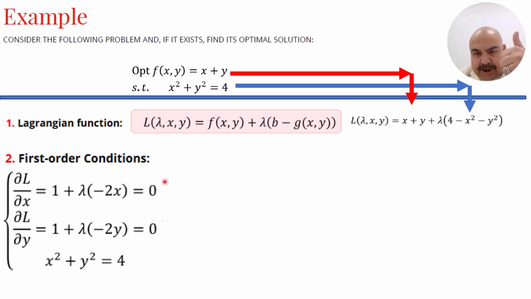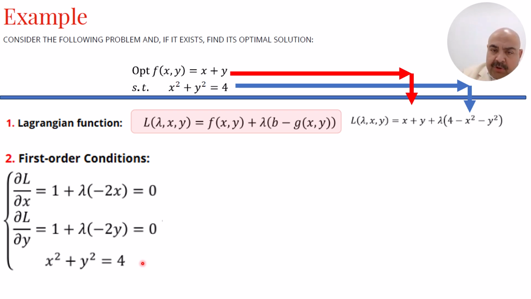That's the first equation. In a similar manner, differentiating the Lagrangian function with respect to y is going to give 1, plus differentiating the second part, which is going to be lambda times negative 2y, as we can see, and putting it equal to 0. Finally, we will have our constraint, which is simply x squared plus y squared equal to 4, which is really very simple.